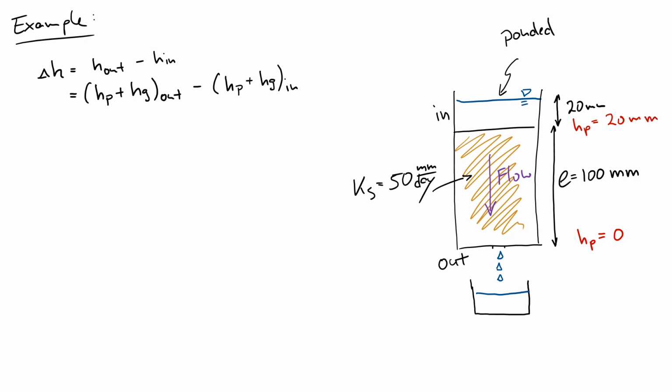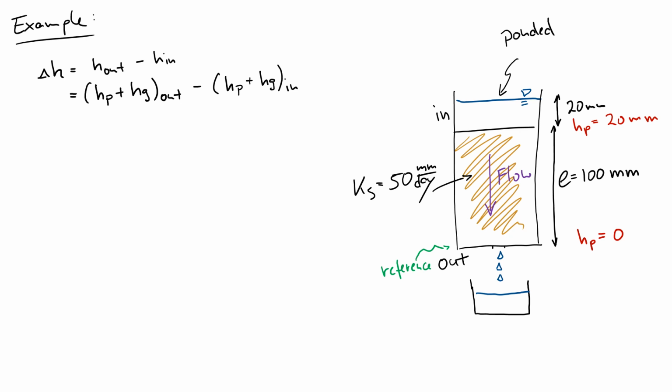For the gravitational potential, I do have to define a reference elevation within our system. And the choice of this reference elevation is more or less arbitrary, and I may just choose my outlet as my reference.